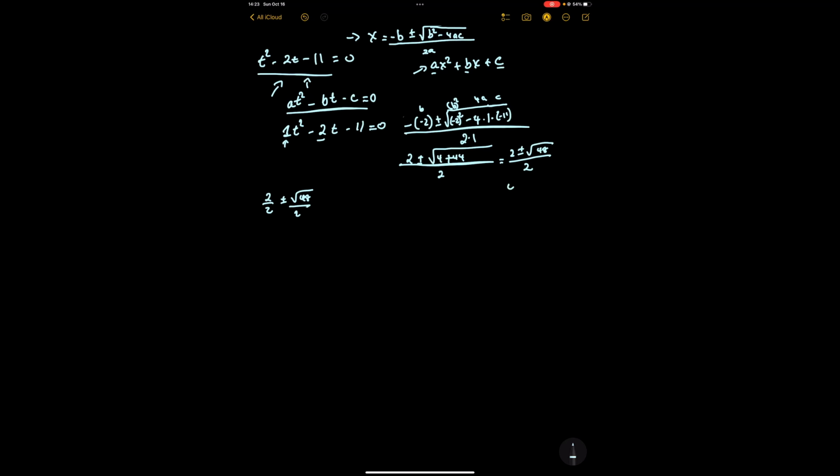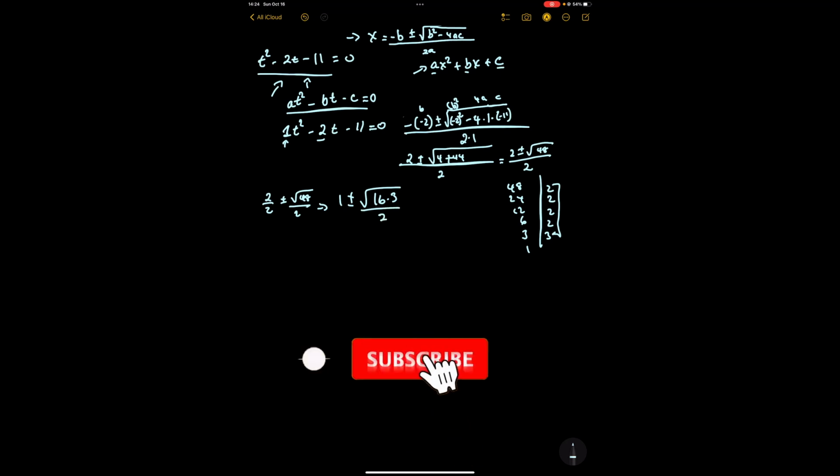Let's see. So 48, let's say divided by 2, that's 24, divided by 2, that's 12, divided by 2, that's 6, and divided by 2, that's 3, and then 3, 1. So 48 is basically 16 times 3, so that would be equal to 1 plus or minus the square root of 16 times 3 over 2.